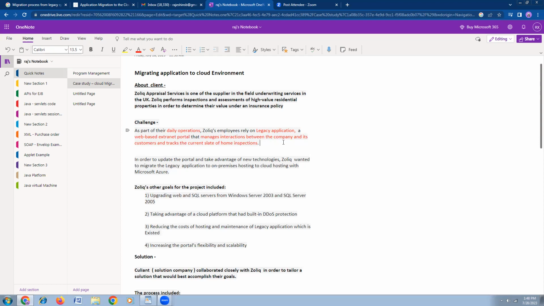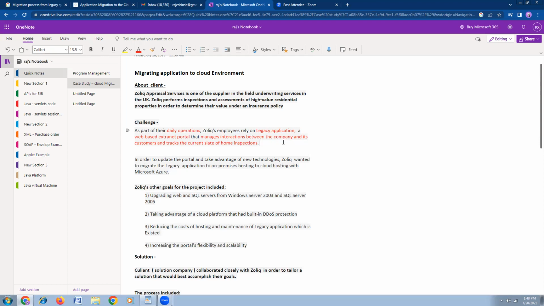For example, Jolik provides underwriting services for different insurance companies, who are their customers. To track the current state of home inspections, they were already using a legacy application, a web-based extranet portal.